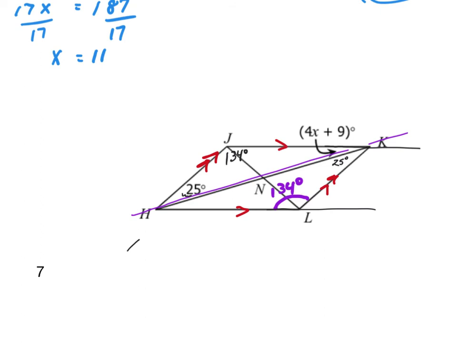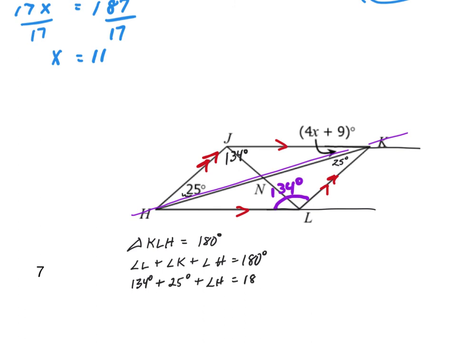And then if I look at triangle KLH, it should equal 180 degrees. Well, I know that angle L plus angle K plus angle H is going to be 180, and I know that L is 134 degrees plus 25 degrees plus angle H is 180.